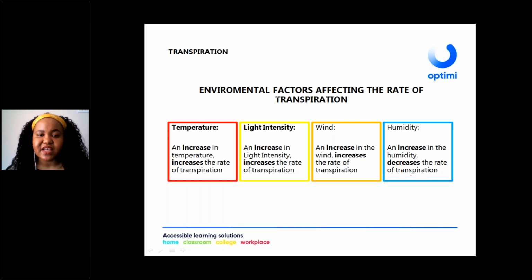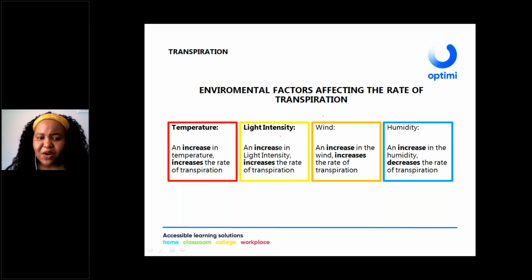The energy that the plant uses to change the water and the carbon dioxide into sugars is found in sunlight. Two things are absorbed by the plant from the atmosphere: light and carbon dioxide. But in this case, we're only going to be looking at light. During photosynthesis, there is a need for light because it contains the energy we need to change the carbon dioxide and the water into sugars.